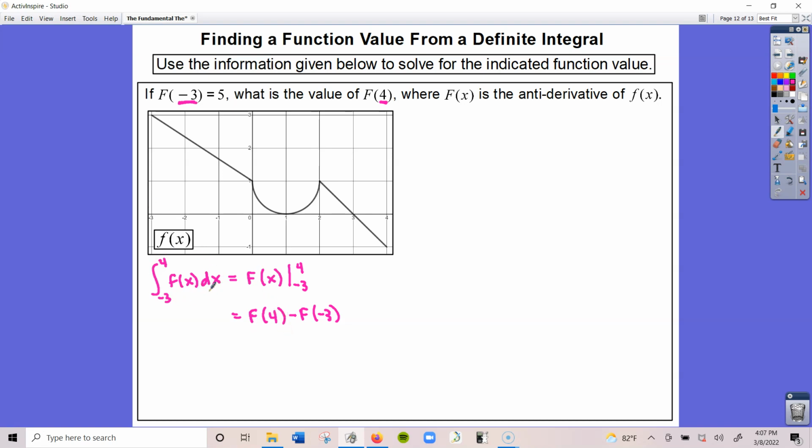So let's start off with this side. Let's look at our shapes. We are starting from -3 until 4. And here on this side, what I have is a trapezoid. Then here, this is the tricky part. I have this quarter circle, but the area is always from the function to the x-axis.